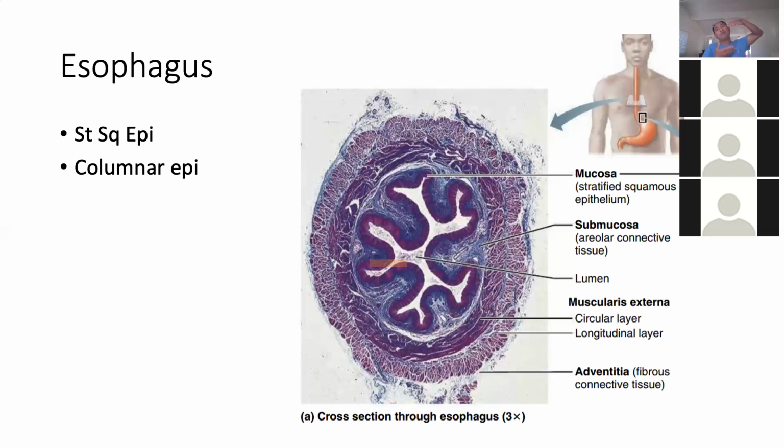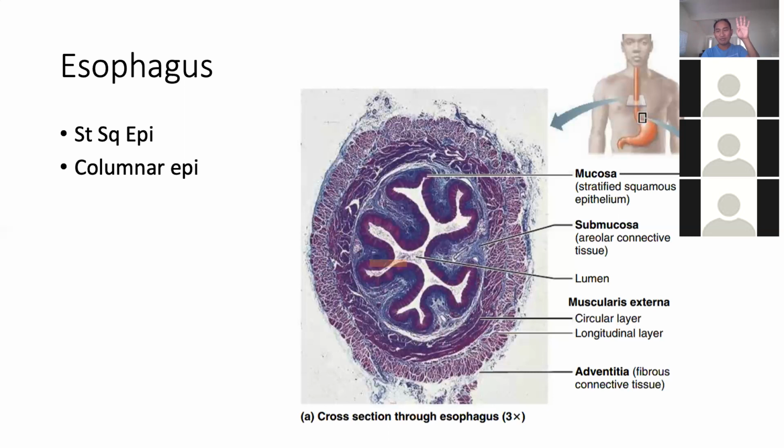But the whole part of the esophagus, from the neck coming along the thorax, going through the diaphragm to just before it enters the stomach, is mainly made of stratified squamous epithelium. The rules apply for the esophagus. There will be 4 layers.